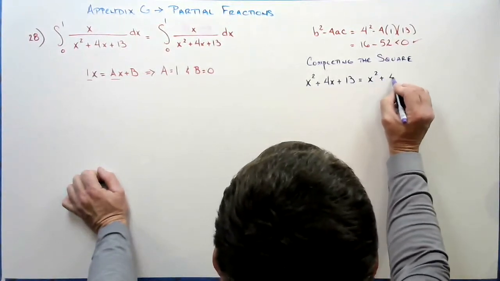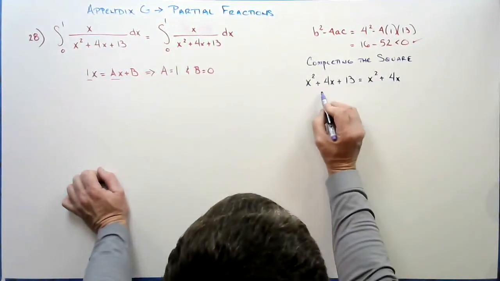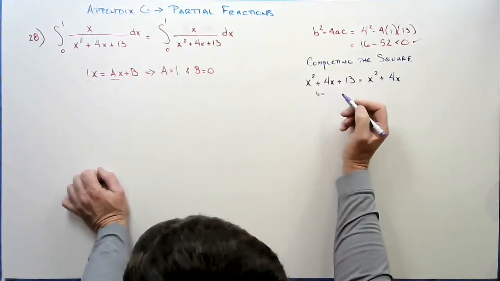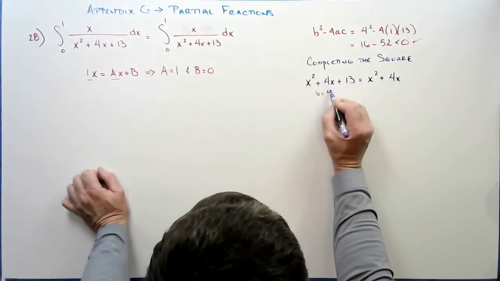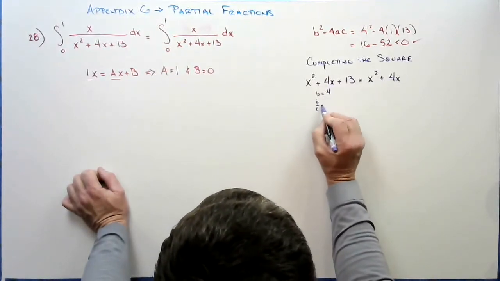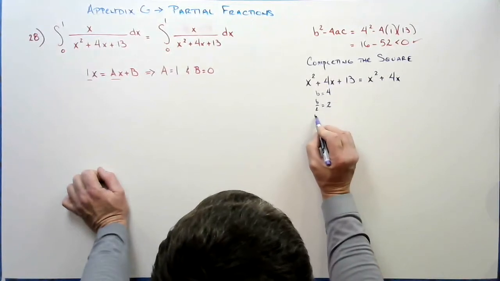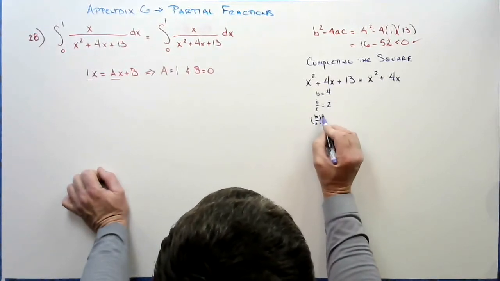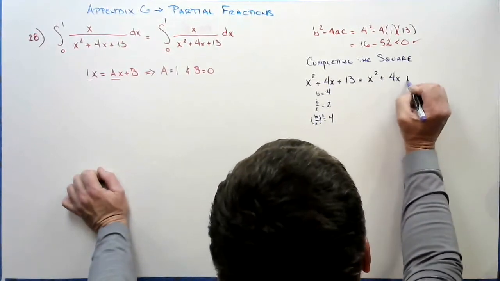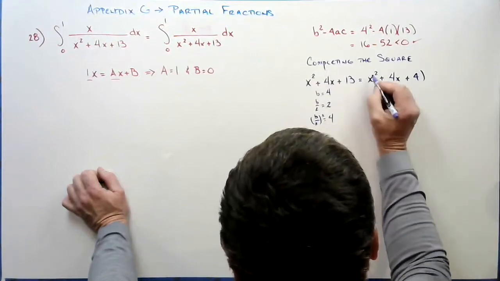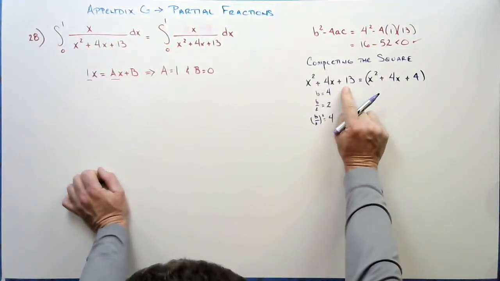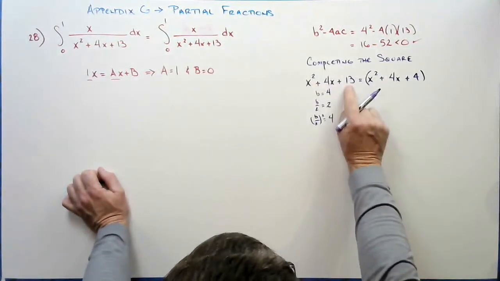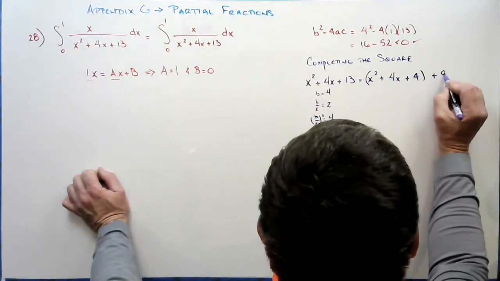X squared plus 4x. Now, b here, back to our algebra 2 days or algebra 1 days, b is 4. Then you take b divided by 2, that's going to be 2. And then you take b divided by 2 and you square it, that's going to be 4. So we want a 4 right here. Now we have 13. So when we use up 4 of the 13, that leaves us a 9.